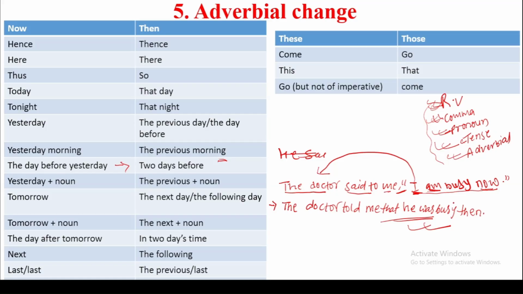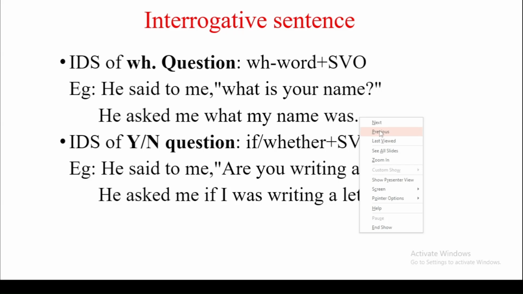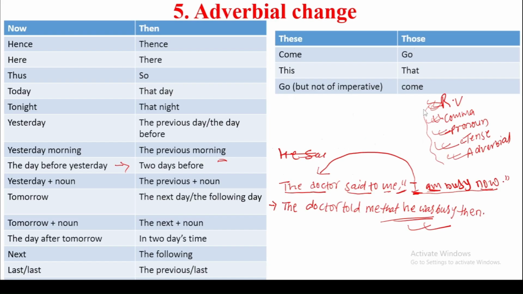Even while dealing with MCQs, multiple choice questions, you also have to check each component and change as per the sentence type. So this is the 5-finger rule regarding the changes of direct speech into indirect speech.